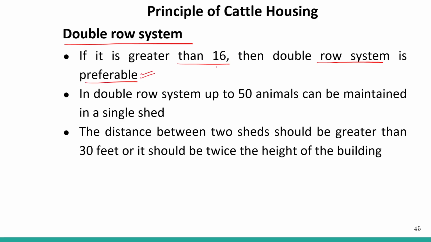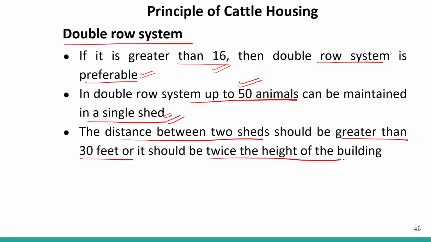In a double row system, up to 50 animals can be maintained in a single shed. The distance between the two sheds should be greater than 30 feet, or it should be twice the height of the building.